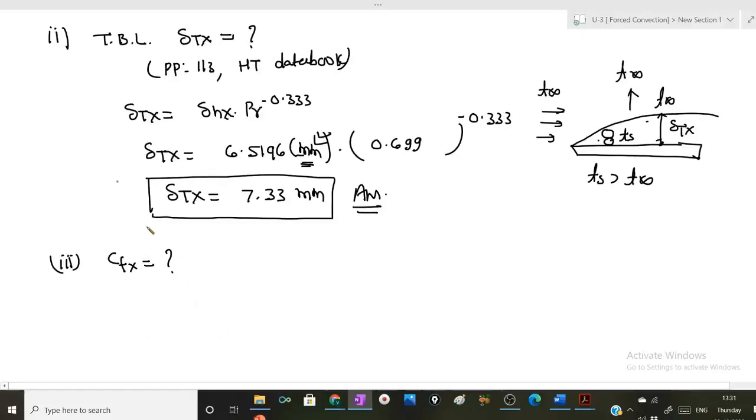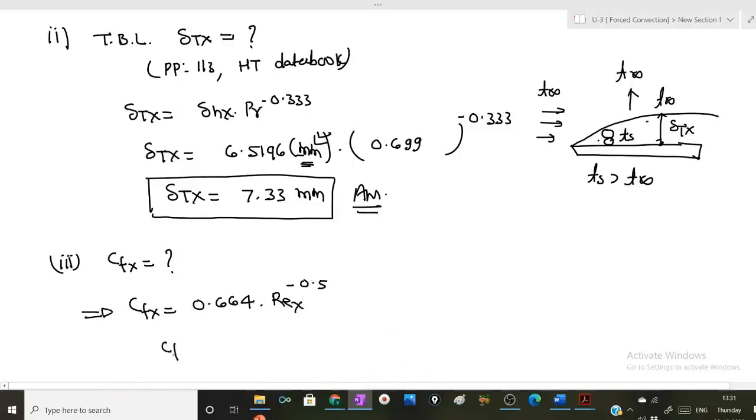Friction factor is given on page number 112 for laminar flow, and CFX is nothing but the local friction coefficient, and its formula is 0.664 into REX raised to minus 0.5. Okay, this formula is given in the data book.